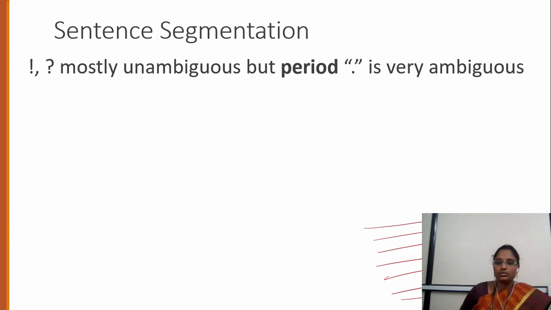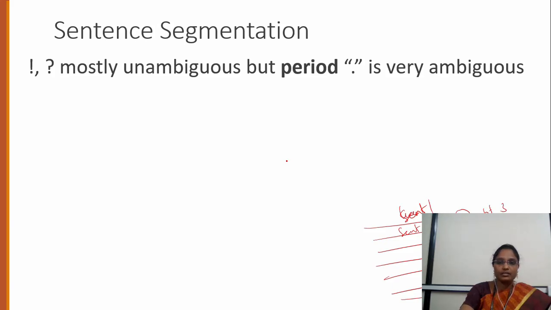So can this period always be considered as the sentence segmenter? When a period comes, this is sentence 1, and then this is sentence 2, and when the period comes again, this is sentence 3. Can we do this always? We need to check for other options also.